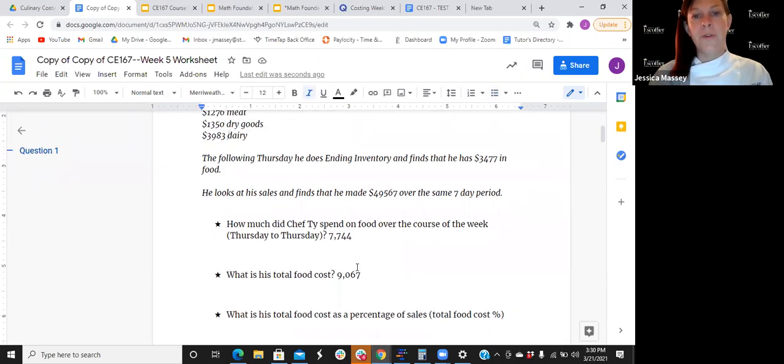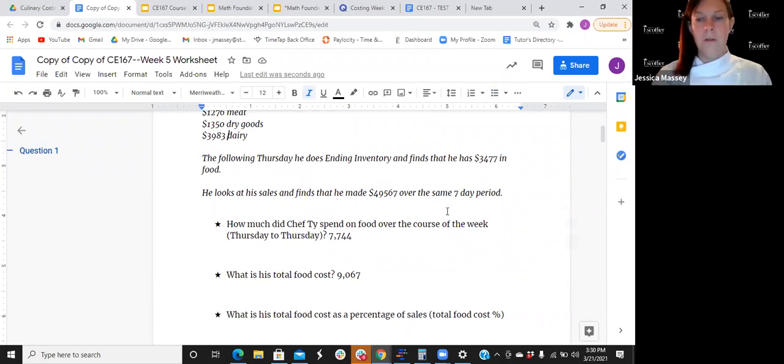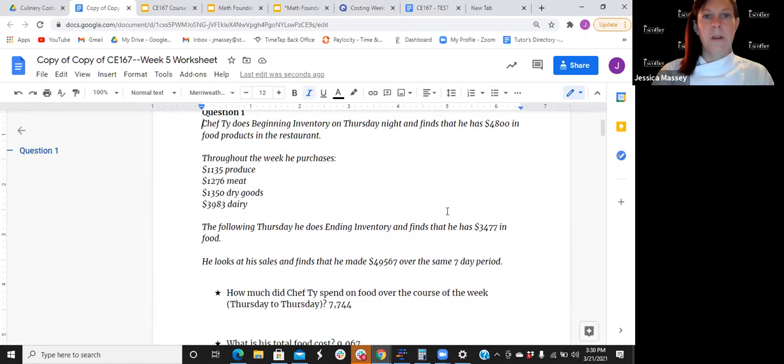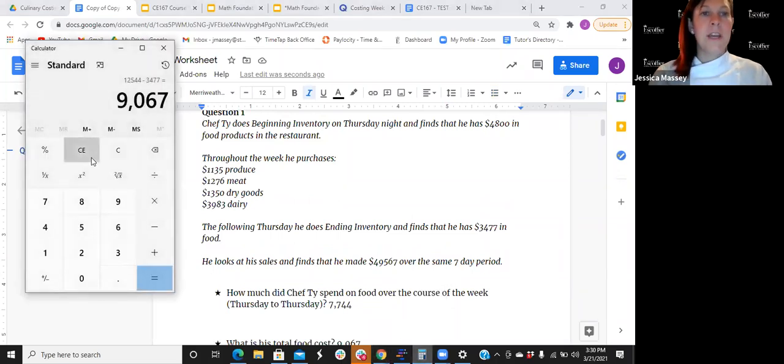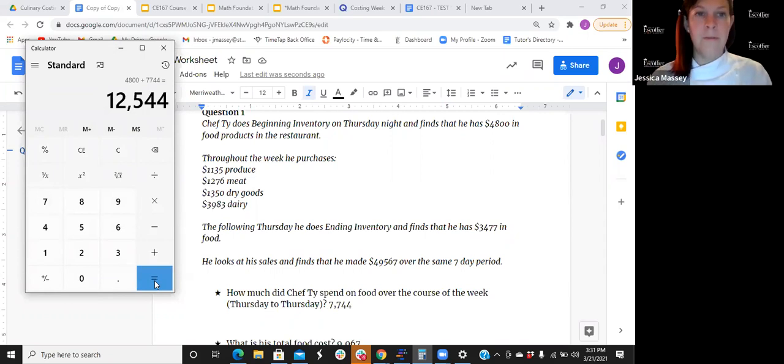For his total food cost, this is asking you to take that beginning inventory. Back up to the problem, his beginning inventory on Thursday was 4,800. You take your 4,800 and add in everything you spent throughout the week on food, which we just found out on our last problem was 7,744. And we are left with 12,544.